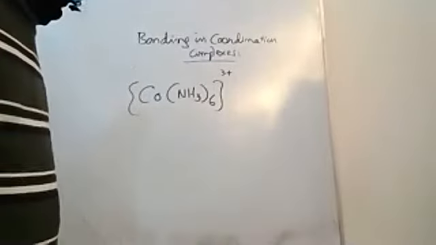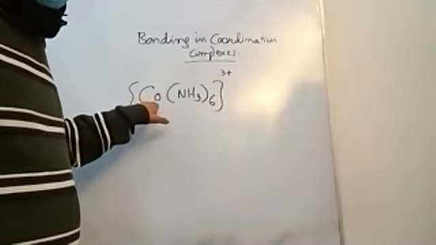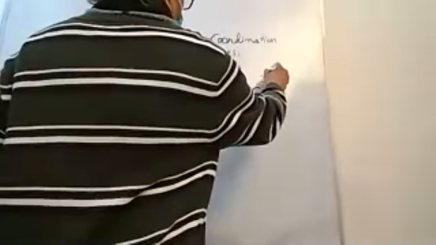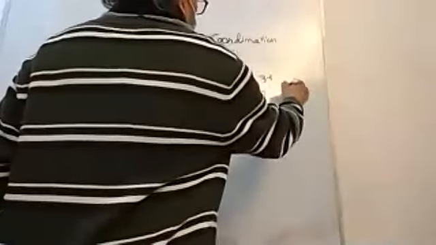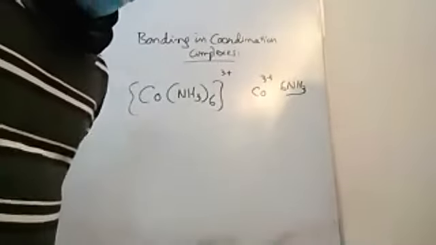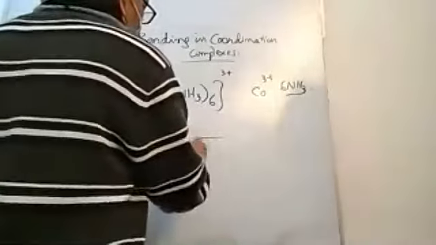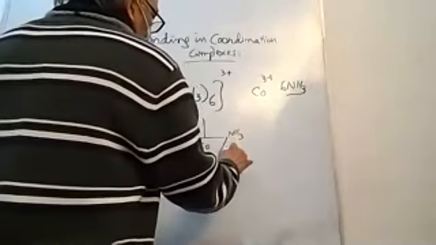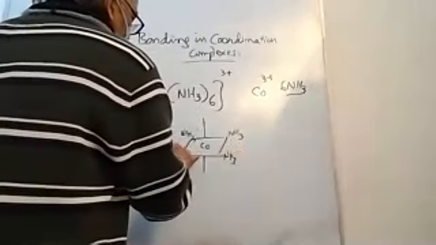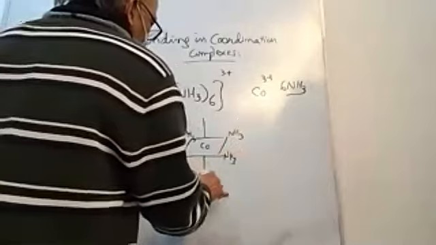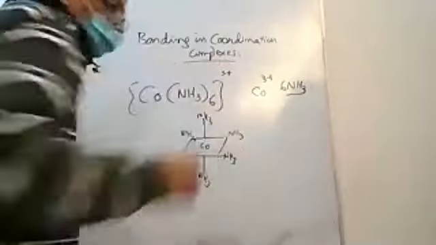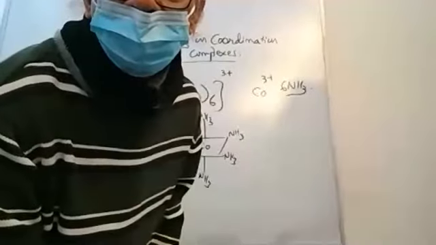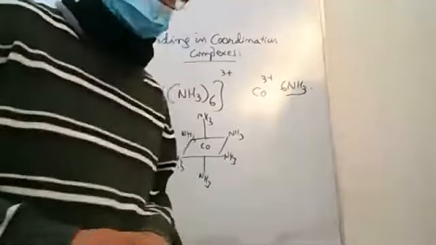If you now look at the hexaamminecobalt(III) complex here, we have cobalt in the 3+ state, and we have 6 ammonia ligands. And these are all arranged in an octahedral fashion. So you have a cobalt, and you have the NH3 ligands arranged in all corners of the octahedron. Each line here represents what we call a chemical bond, equivalent to 2 electrons.